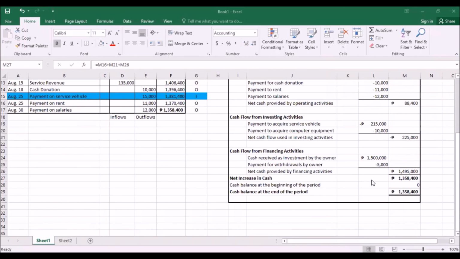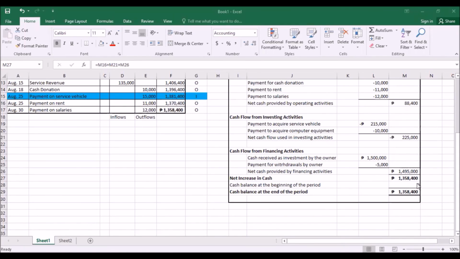If meron pong cash balance ang company at the beginning of the period, you should add it here po sa net increase in cash. But since walang cash balance sa ABC company, so, zero po ang nakalagay dito.